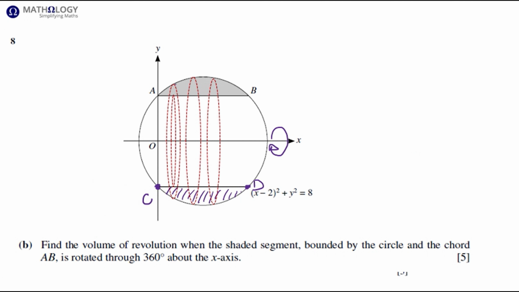So we're going to have an outer radius, which is from the circle to the center, which lies on the x-axis. So from the outer circle to the x-axis, and that will be radius r1. And then the inner radius will be from the straight line to the center of the circle, and that will be, we'll call that small r. We can actually just call this capital R.